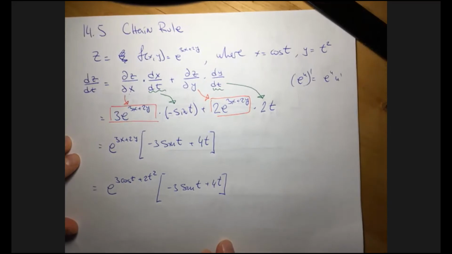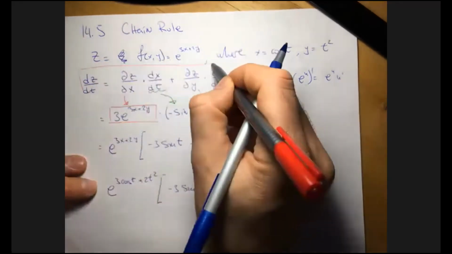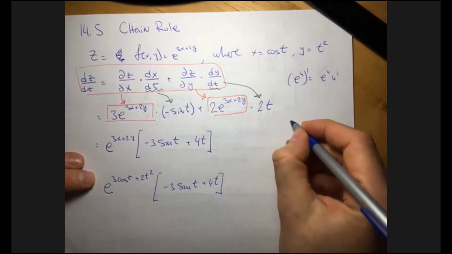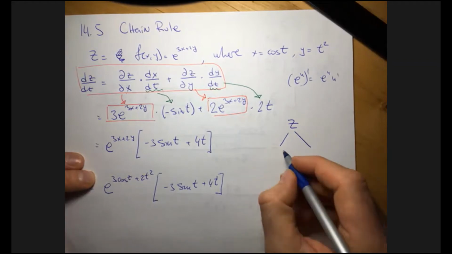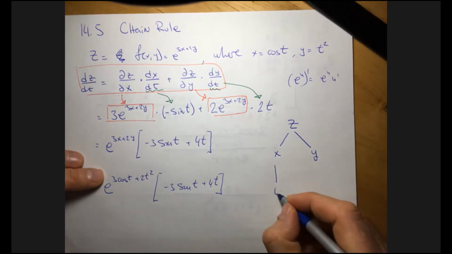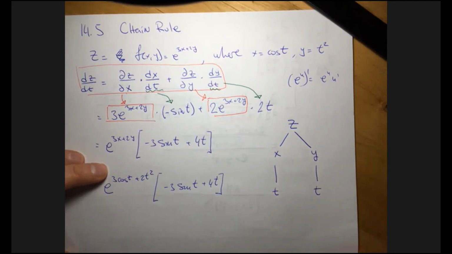There is an easier way to look at this rule, right here, and that is just writing this tree. We said that z depends on x and y, and then x depends on t and y depends on t. x and y are defined in one variable.